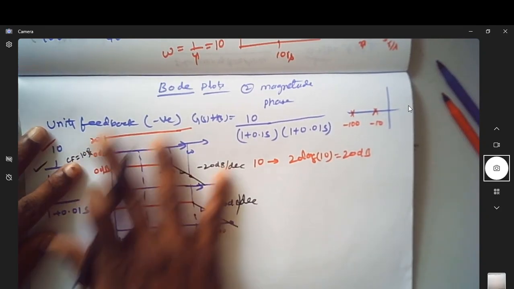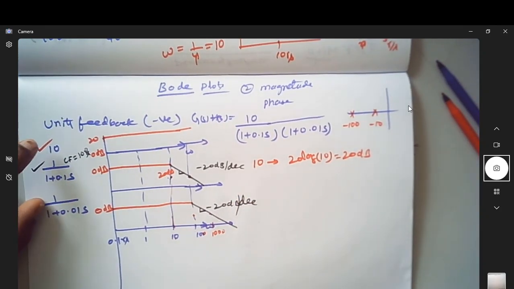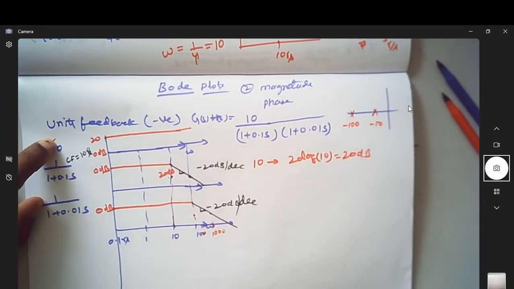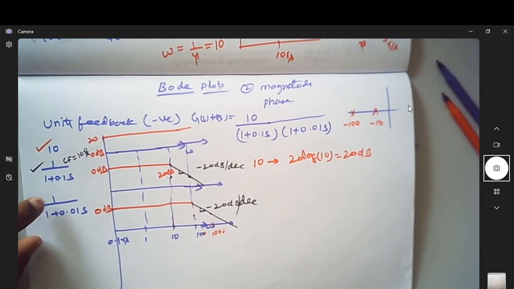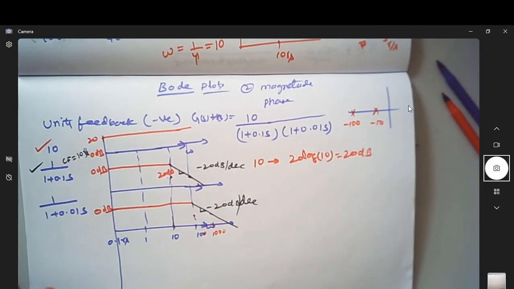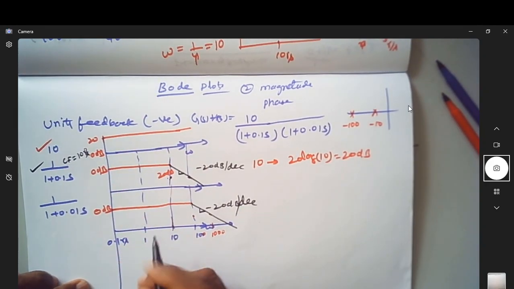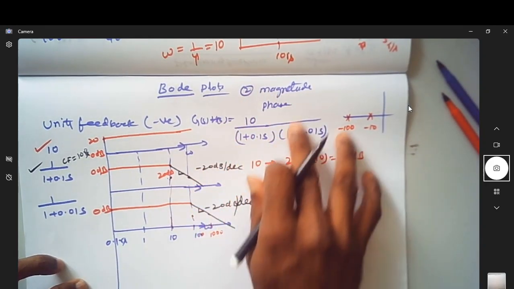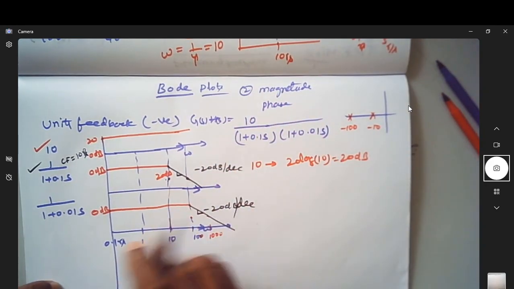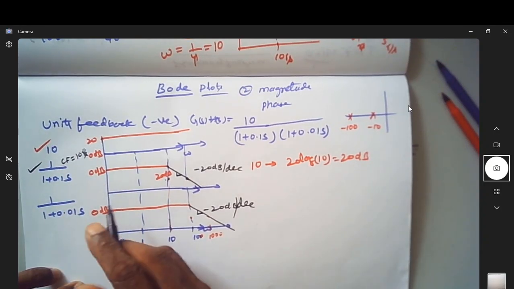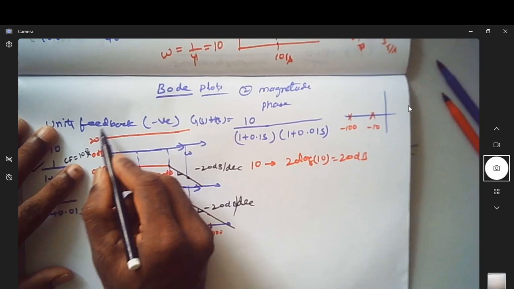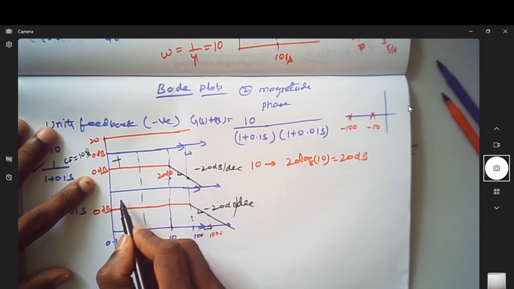Fine. So this is my plot of the individual terms, which are 10, 1 over 1 plus 0.1 s, and 1 over 1 plus 0.01 s. But what I want is the overall plot of this transfer function, which has all the three terms. To do that, you simply add all three.